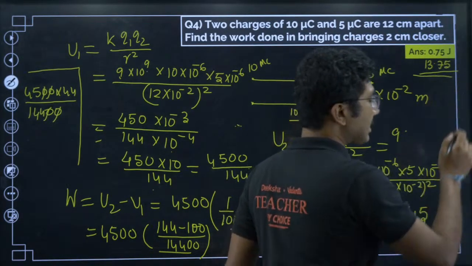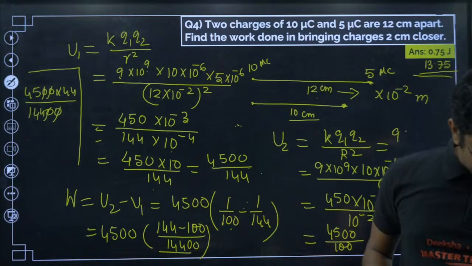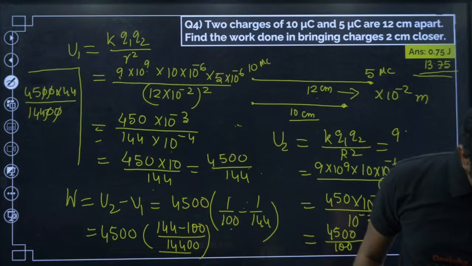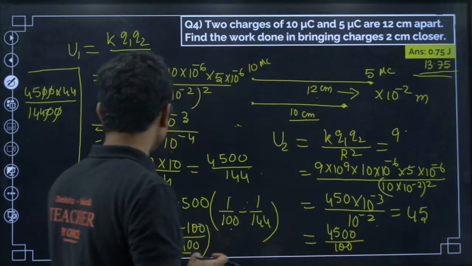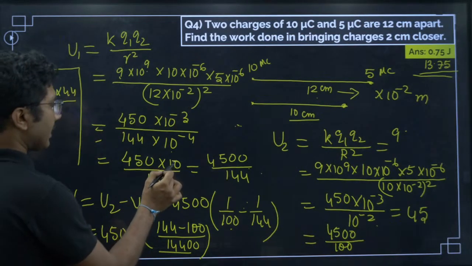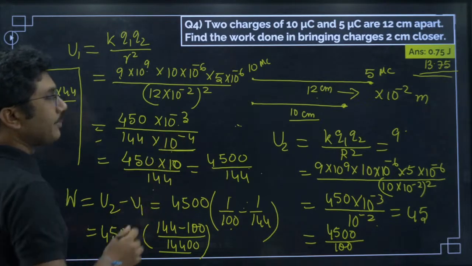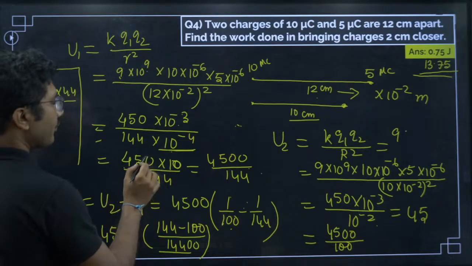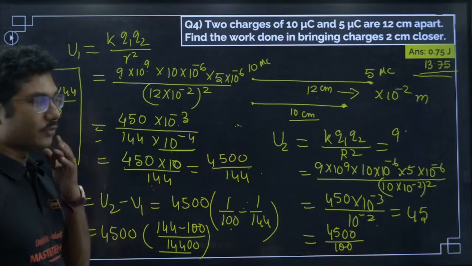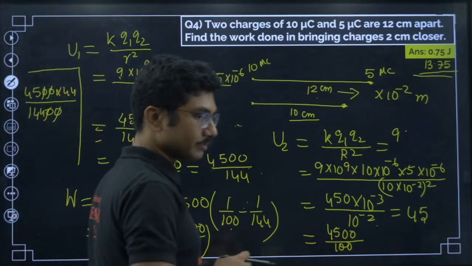Yes, 13.75. Gurudatta, if you get the value as 0.75, please check. It is not 450, Sufia. It is 450 into 10. There was 10 to the power of minus 4 over here, 10 to the power of minus 3 over here. So 10 will go up. So it will be 450 into 10 by 144, not 450 by 144.